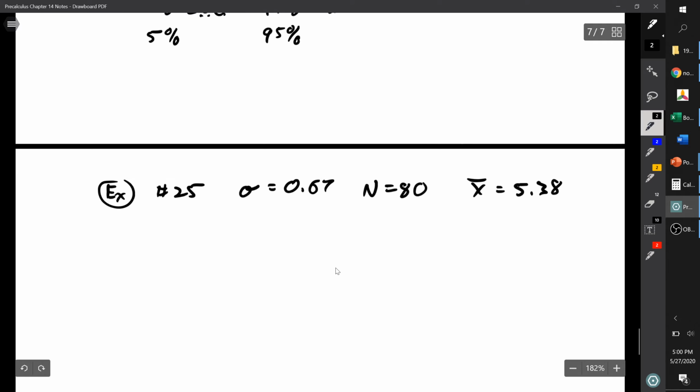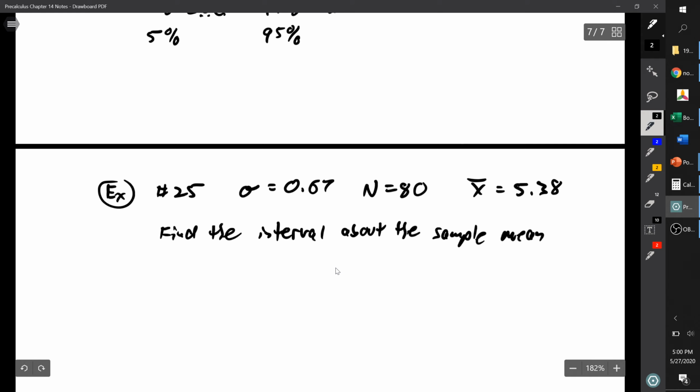And here's what we want to find. We want to find the interval about the sample mean that has a 5% level of confidence.